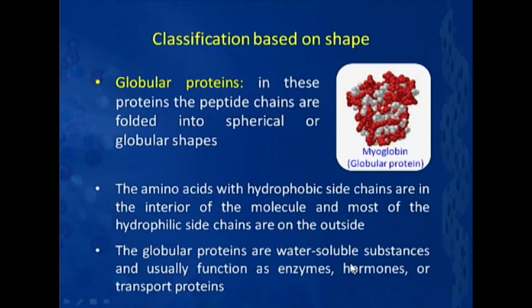So the protein surface will be covered by amino acids whose side chains are hydrophilic in nature, because they will interact positively with water, whereas the hydrophobic chains will try to go away from water and get embedded into the folds of the protein. So that is the kind of shape and structure we have for globular proteins. Now these proteins are water soluble substances and usually function as enzymes, hormones or transport proteins. That is the kind of functions they perform in the body.